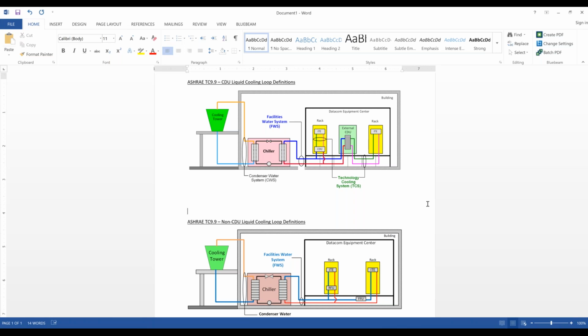These diagrams are ones that, again, we're using in our next draft of the ASHRAE TC 9.9 liquid cooling white paper, but these aren't diagrams I would intend to publish as part of OCP work. To make that clear, I wanted to use them in order for us to have something visual to discuss the differences in the loops.